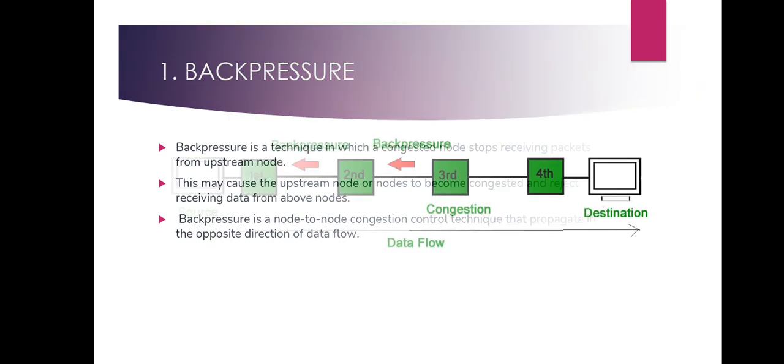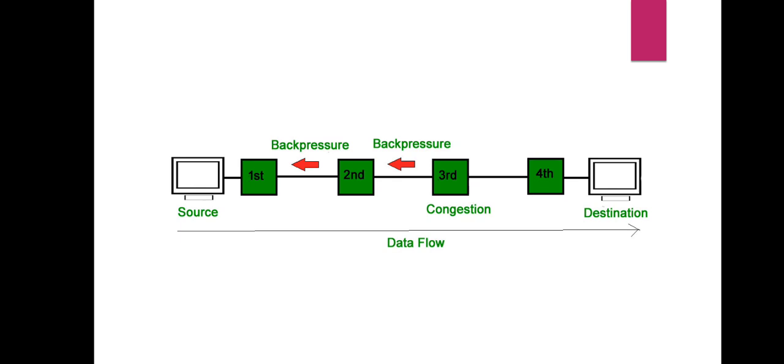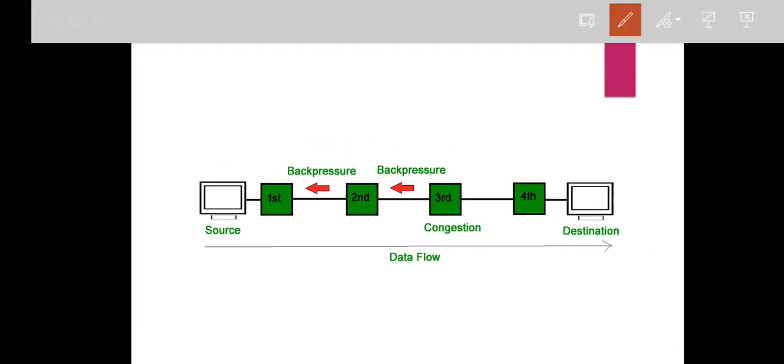Okay. So here you can see, this is a sender and here is a receiver, and in between there are a number of routers. Assume that the third router is experiencing congestion, then it sends a request to the second router to slow down sending packets, because the third router is facing congestion.